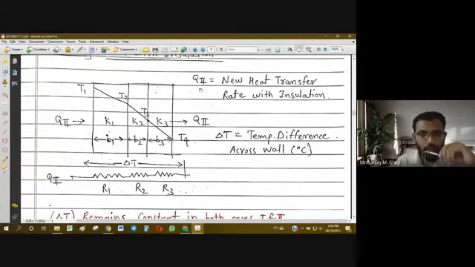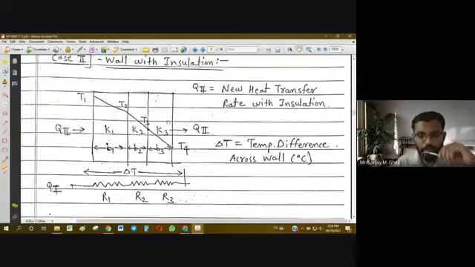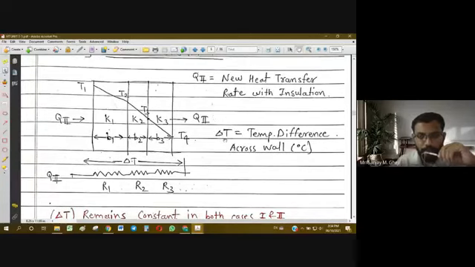Let us say Q2 be the new rate of heat transfer with insulation. Heat transfer rate is going to reduce because of provision of insulation. Then temperature difference delta T across the wall, degrees Celsius. Now here third layer is added, so temperature T4 will be added to this.